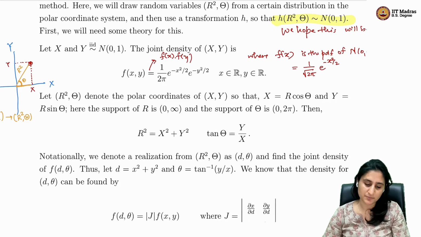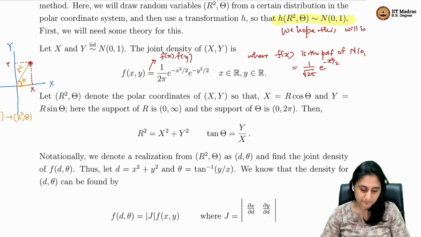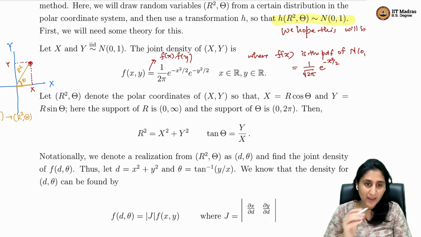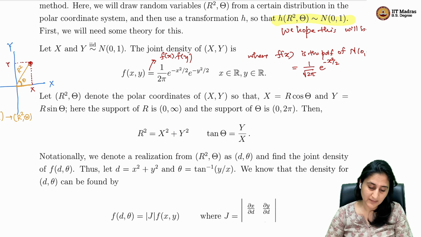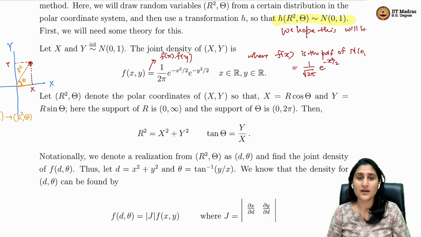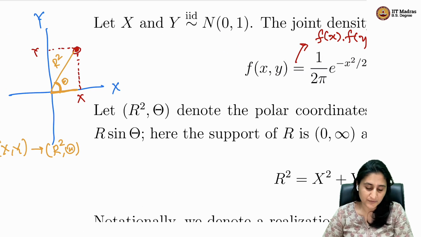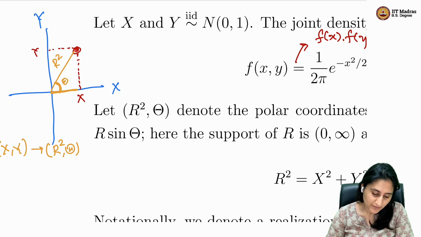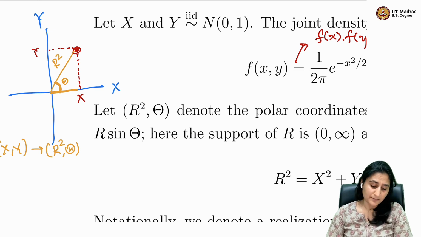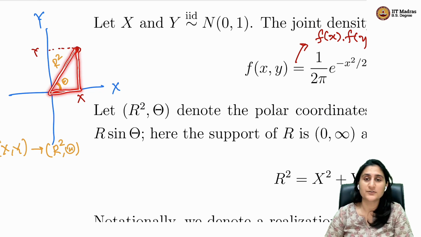So what's the relationship of x, y with r squared and theta? That's what I want to understand. How are x and y and r squared and theta related to each other? You can see that this is not too difficult to figure out, because if I look at this part over here, then I know that x squared plus y squared has to equal the hypotenuse.